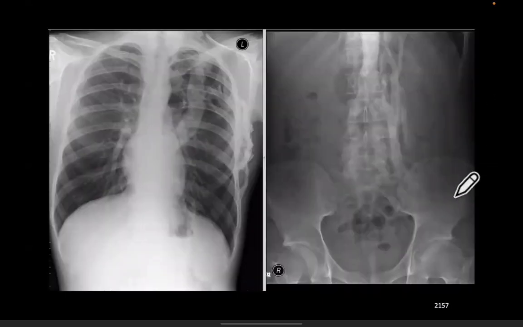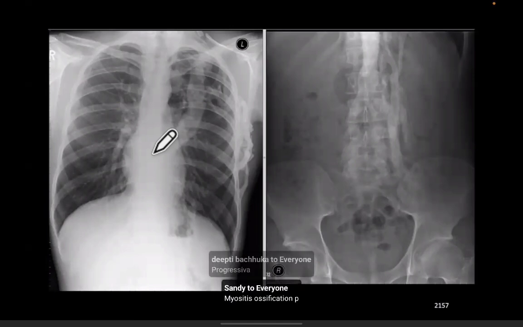Okay, this is a most unusual condition. You may never have seen it before. What do you think this is? Yeah, very good. SK has got it right. It's called fibrodysplasia ossificans progressiva.